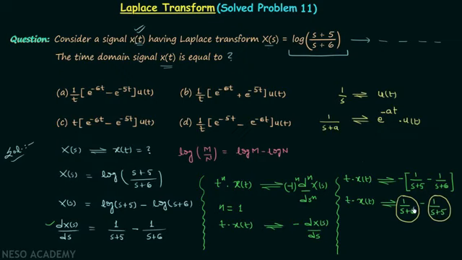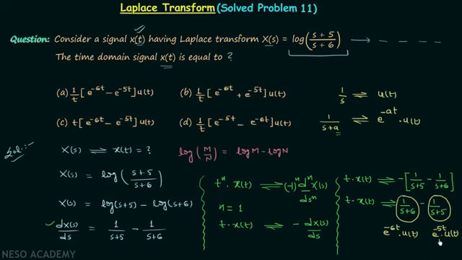And if you look at 1/(s+6), you will find in place of a we are having 6. So the corresponding time domain signal will be u(t) multiplied to e^(-6t). Similarly, 1/(s+5) will have the corresponding time domain signal as u(t) multiplied to e^(-5t).